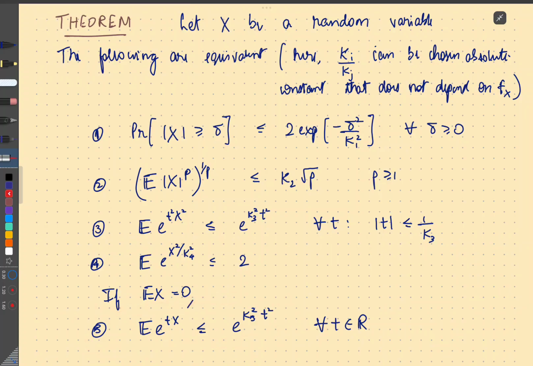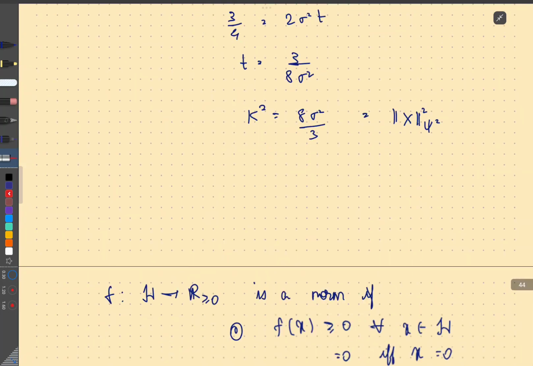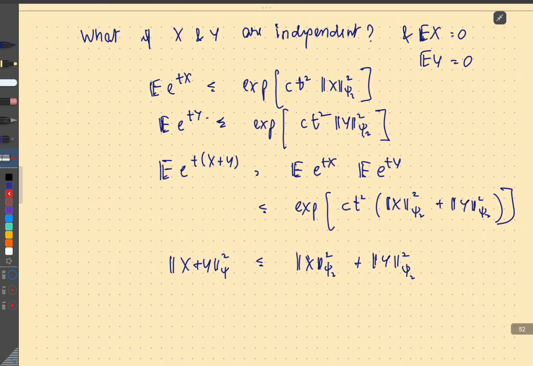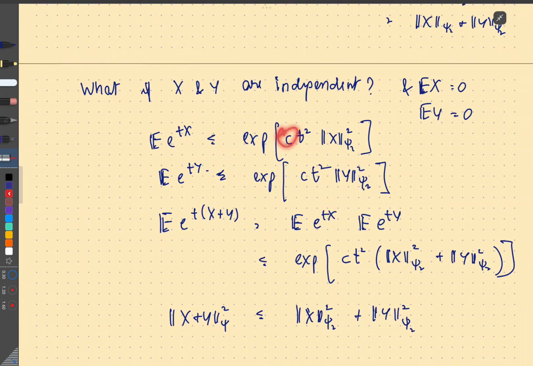And basically K5 and K4, the ratio between K5 and K4 is some universal constant. That is why I had that C, which is some universal constant here.